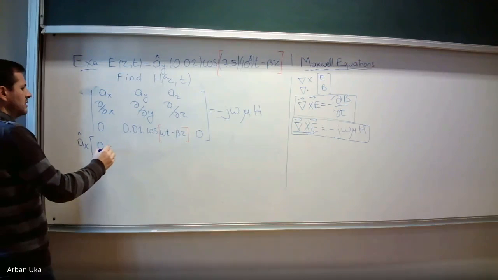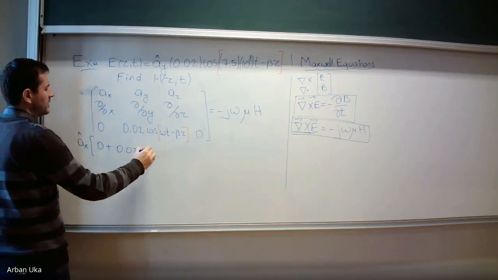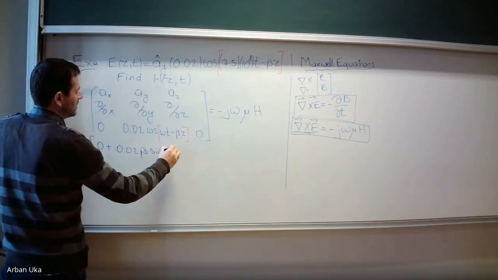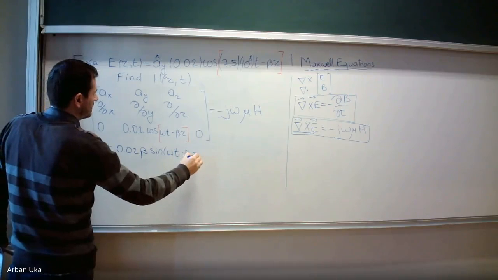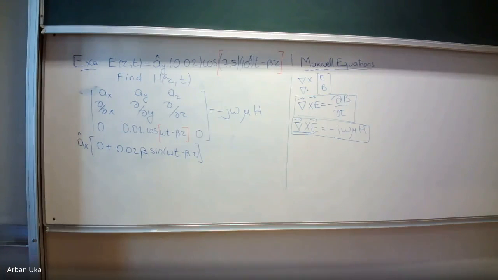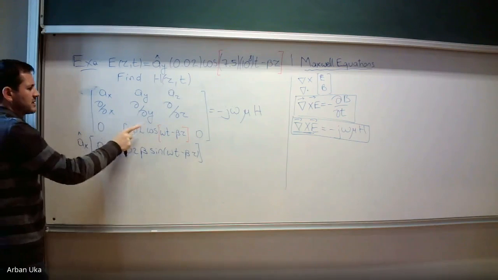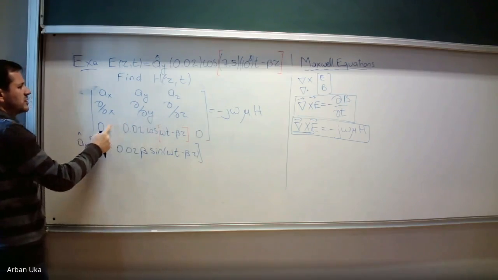This is 0 plus 0.02 beta sine(omega t minus beta z). This is the AX. The AY is equal to 0 because we have a derivative of 0 with respect to x and a derivative of 0 with respect to z.